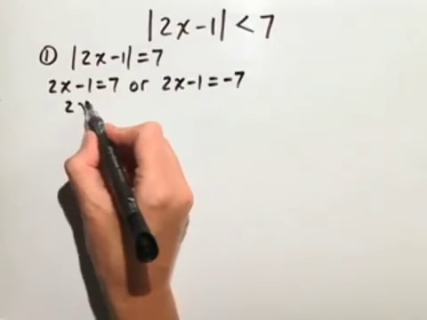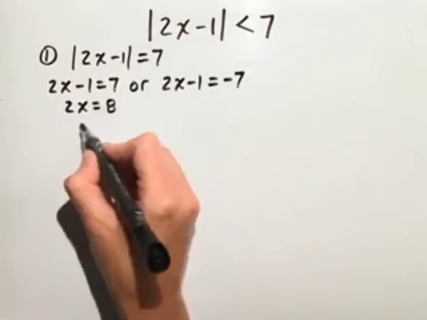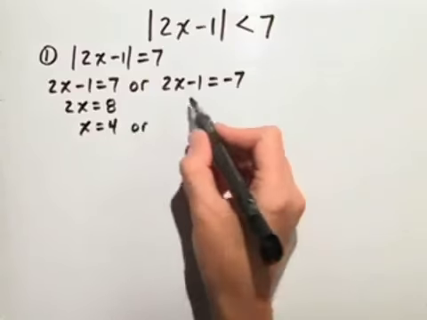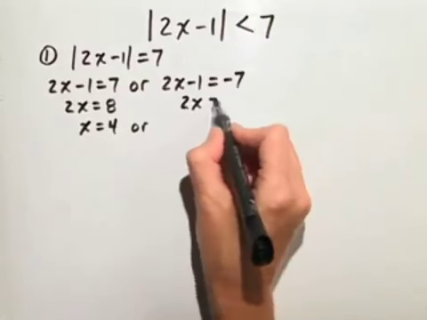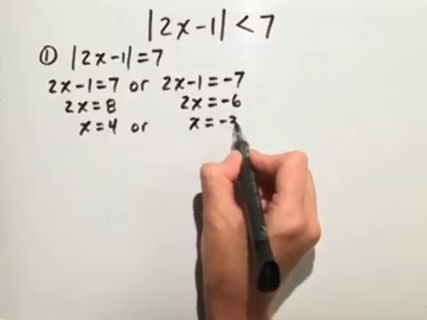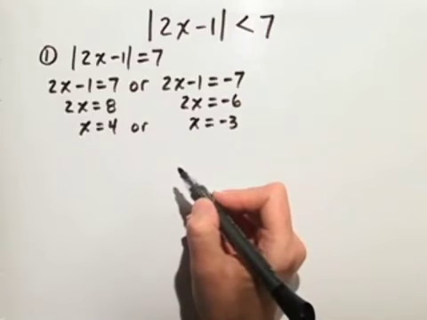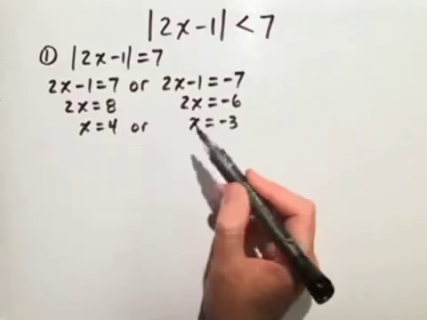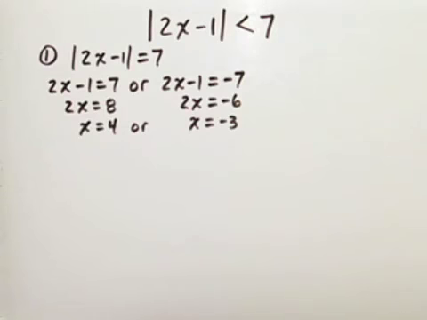For the first equation, we have 2x equals 8, x equals 4. Or, for the second equation, we have 2x equals negative 6, x equals negative 3. We've done step 1. We found the two boundary points for this absolute value inequality.